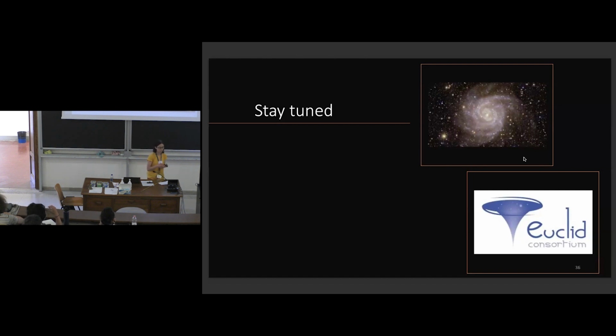If there are some light mediators, you can also look at supernovae, so the distortion in the energy spectrum from supernovae. So you have to add more ingredients, more observables, to understand that.